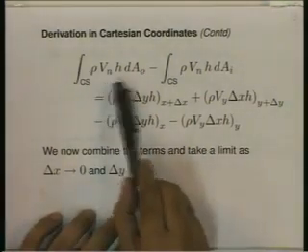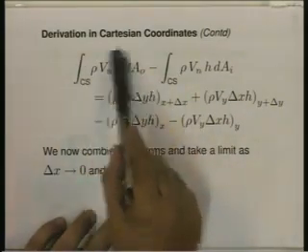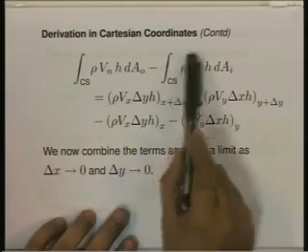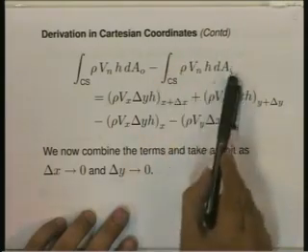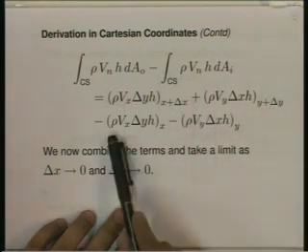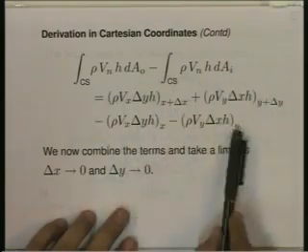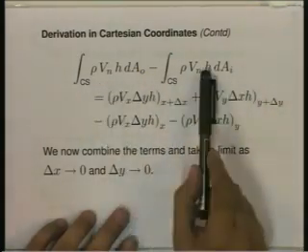The enthalpy outflow terms, these are the sum of the outflowing streams. This is the sum over incoming streams. We have two outflowing streams and two incoming streams. So these four terms together represent these two terms.